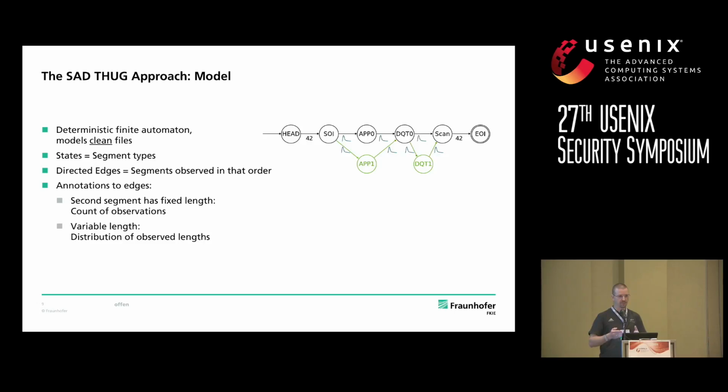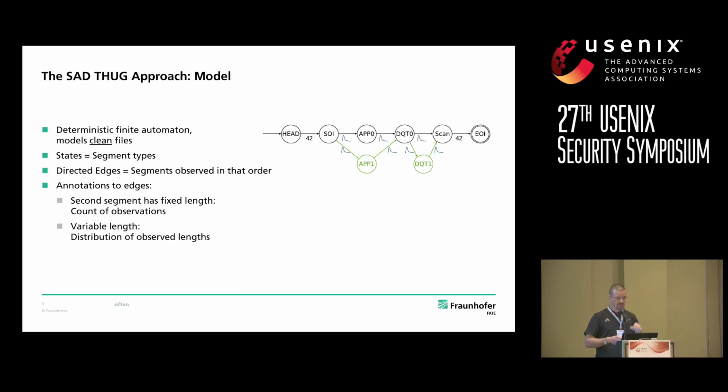So we're matching against a model for clean files. We're not matching against a model of particular malware or data exfiltration methods. And here, it's pretty straightforward. We'll have a state for each segment type, and we'll have directed edges for segments that were observed in a given order. And then we add some annotations to these edges.